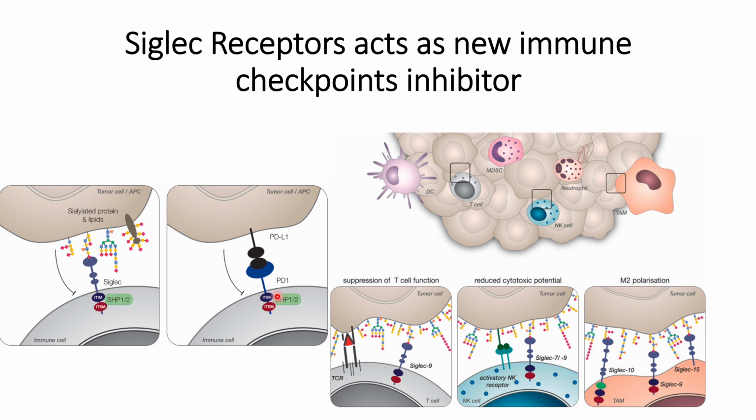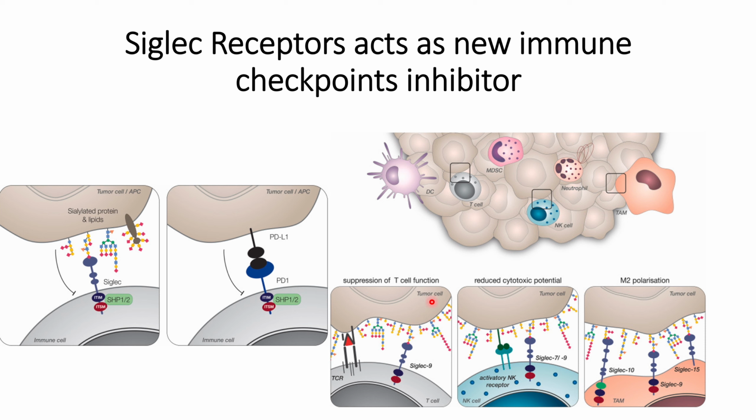And now, the different kinds of Siglec receptors expressed on different immune cells that act as checkpoint inhibitors are mentioned in the figure on the right-hand side.